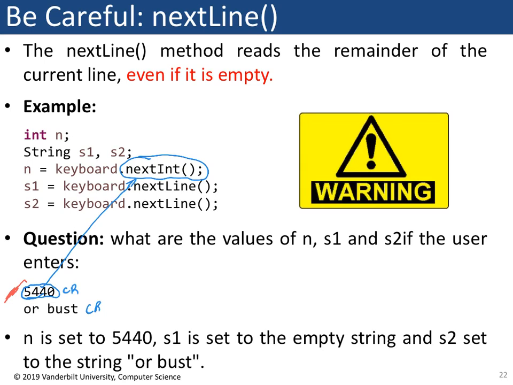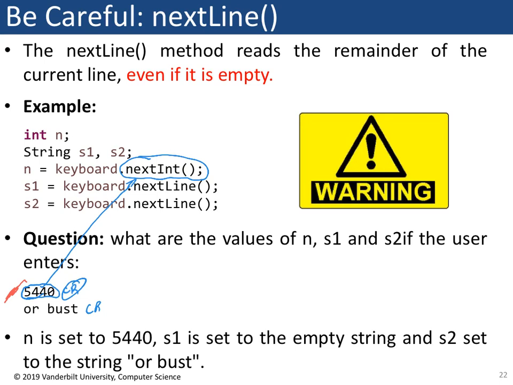So when our call to nextLine occurs, nextLine reads everything until it sees a carriage return. So the first thing it sees is a carriage return. And so therefore it returns nothing. It's just an empty string.